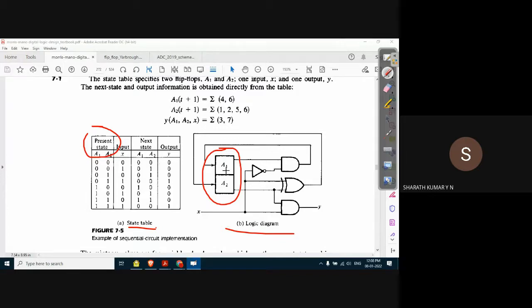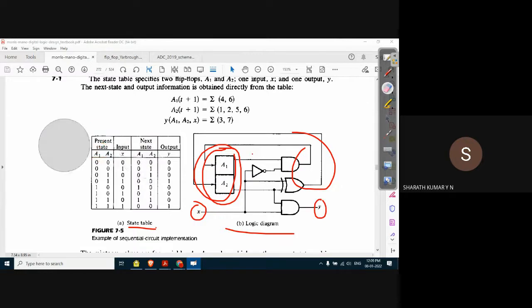The present state of this sequential circuit is represented as A1 and A2. Input is X. With this input and with the feedback, what is the next state of A1 and A2? It is represented as the next state of A1 and A2. And what is the output of the circuit? That is represented as Y.